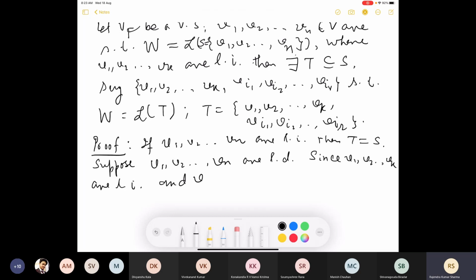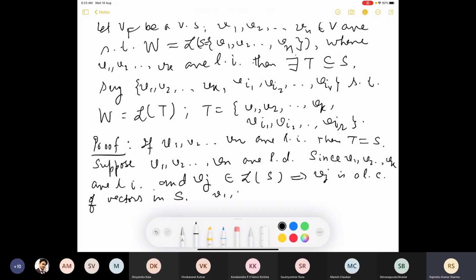This Vj belongs to the linear span of S, which implies that Vj is a linear combination of vectors in S, and therefore we can take up the remaining vectors from here.